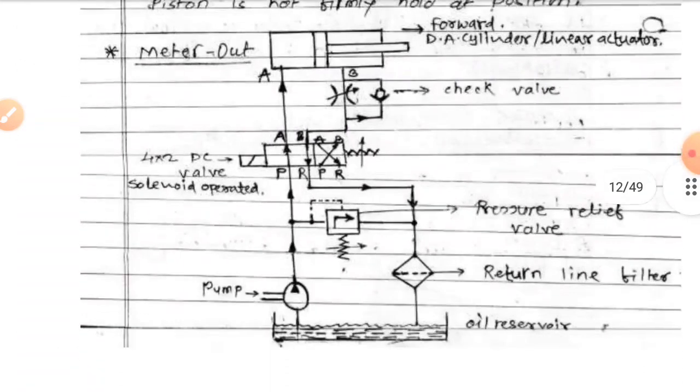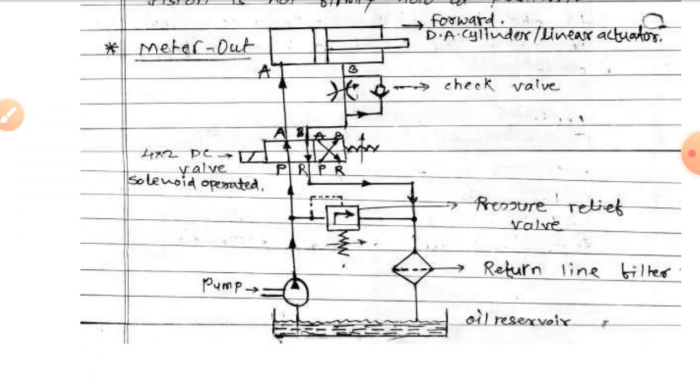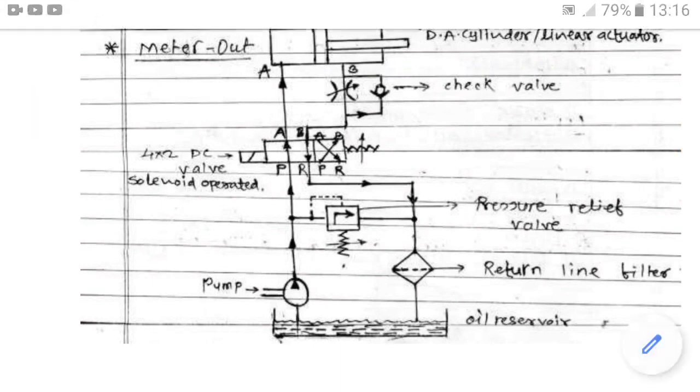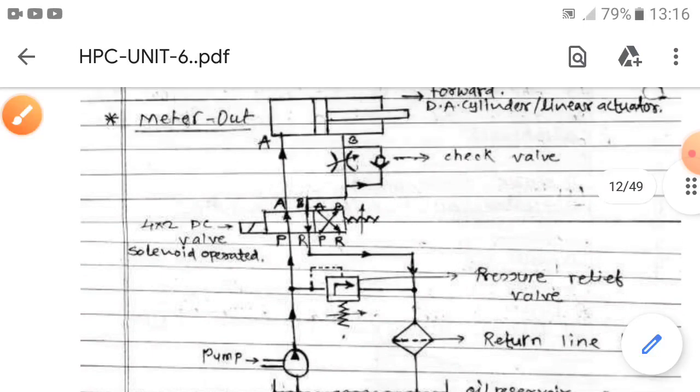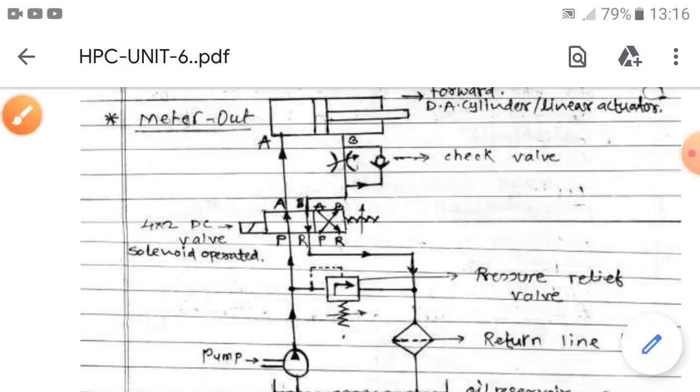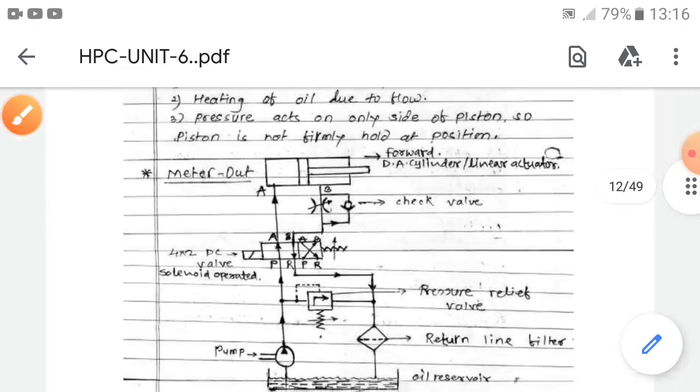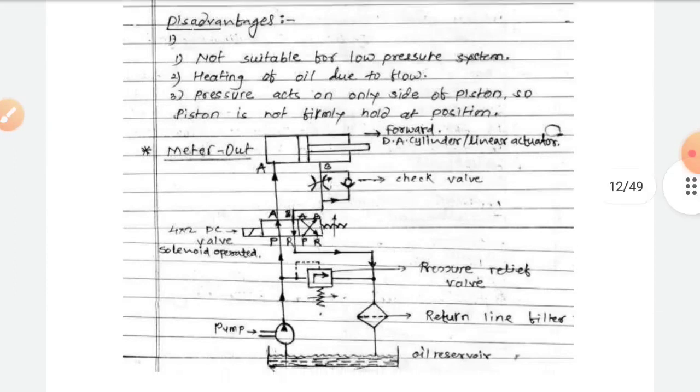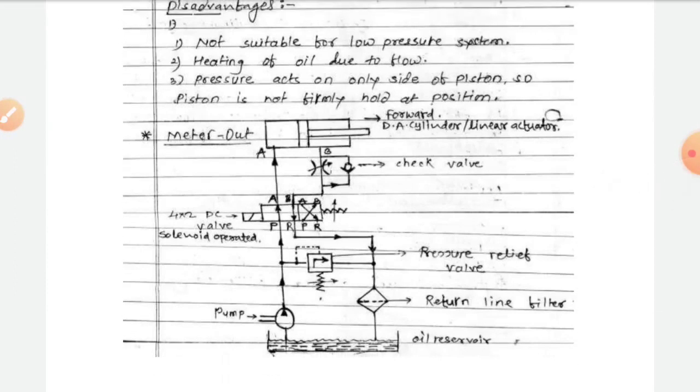So this is a meter out circuit. What is a meter out circuit? In a meter out circuit we can use a flow control valve. This flow control valve is mounted in between the actuator and DCV on the return line.